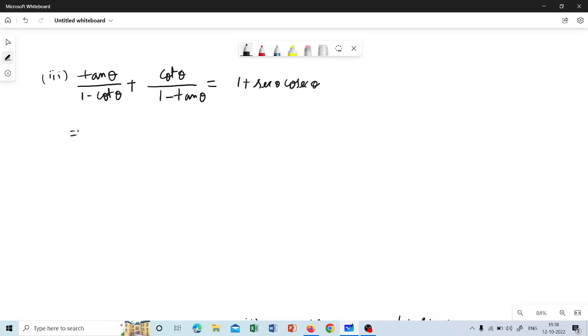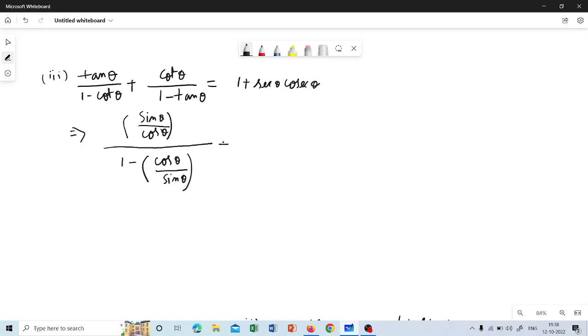So now I'm going to bring it as numerator. Now it will be a little bit messy here, so I'll write tan theta as sine theta divided by cos theta, by 1 minus cos theta by sine theta, since cot is nothing but cos theta by sin theta.